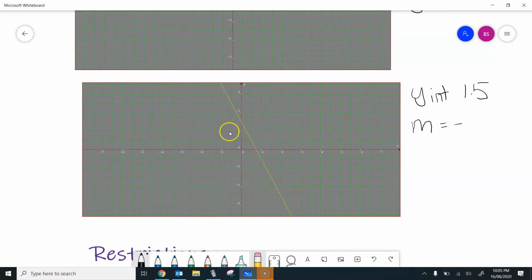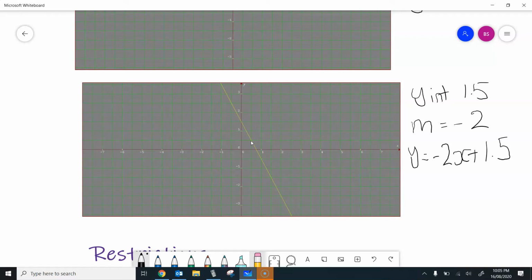If you did that, it's a negative, so you end up getting -2. So the equation of this graph is y equals -2x plus 1.5.